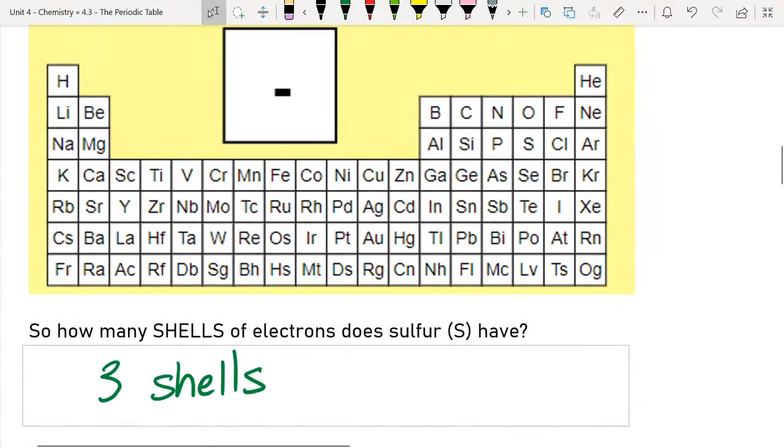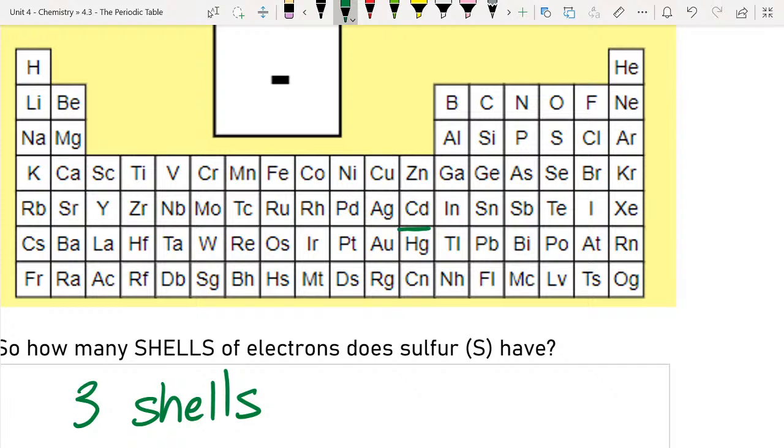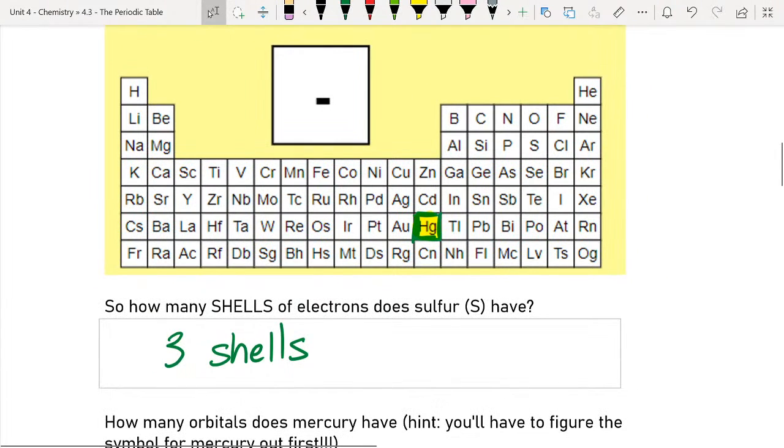Now the next one's a bit of a mystery because Mercury. So I'm looking for what? HG. Why HG? And there's 5 shells.